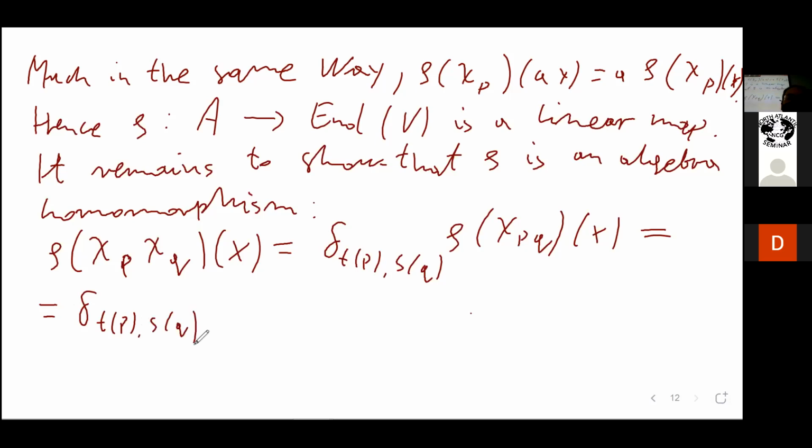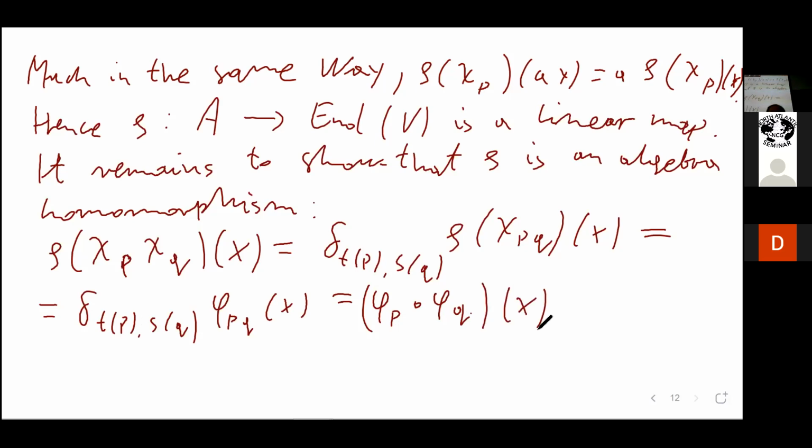And now I have phi of PQ applied to X. Okay, but remember from the very definition of phi, now we can write it down as phi p composed with phi q applied to X. So for starters, if the end of P is not the beginning of Q, then phi q of X will not be in VTP.